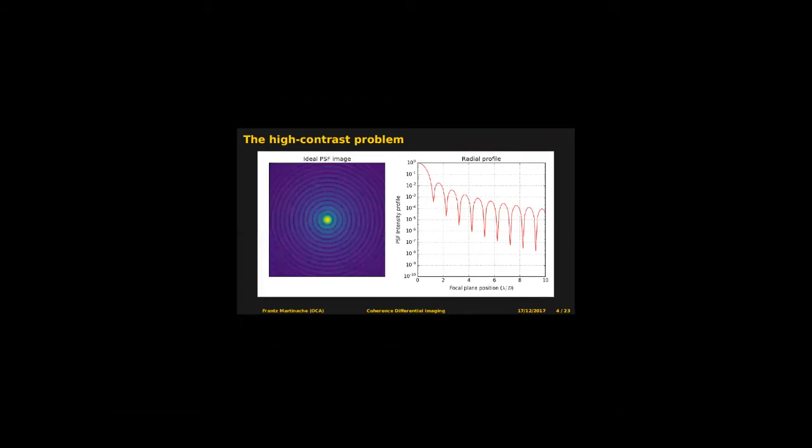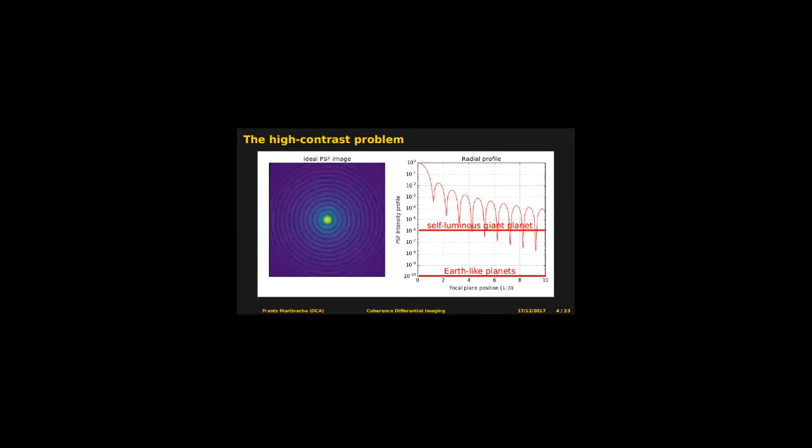If you try to place the objects we're trying to target, extrasolar planets, in that diagram, well, the brightest of these planets I'm talking about lie somewhere right here. And if you look at things like Earth-like planets, they lie at the very bottom. So you have many orders of magnitude to beat in order to directly get access to the light of these objects. That tells you how difficult that thing is.